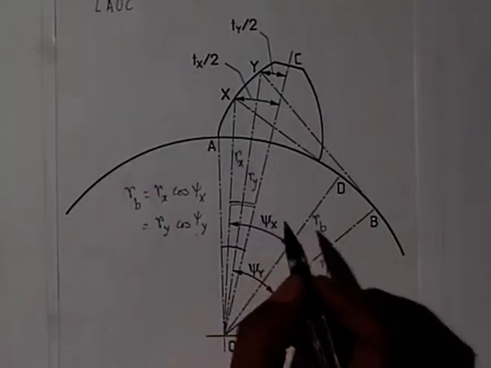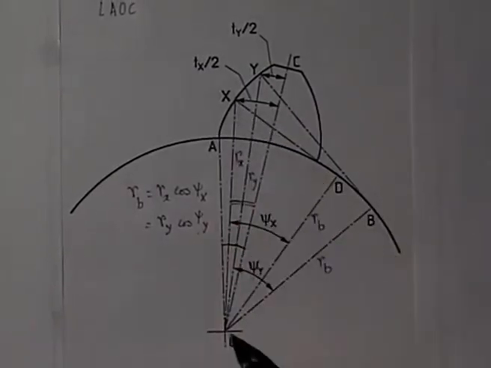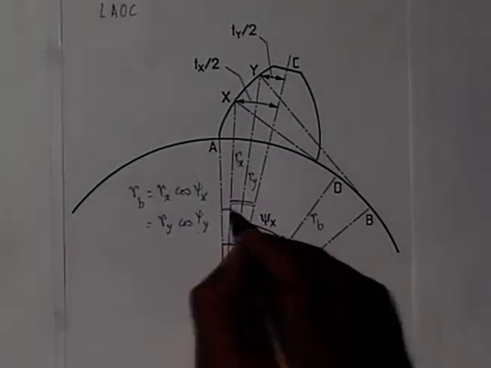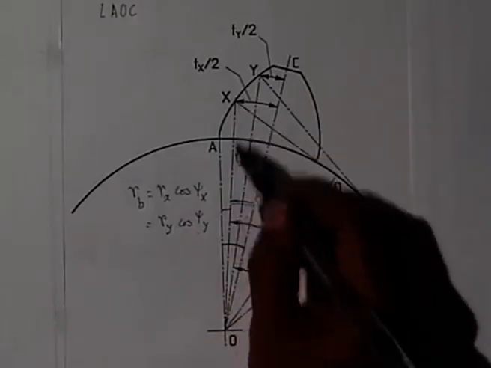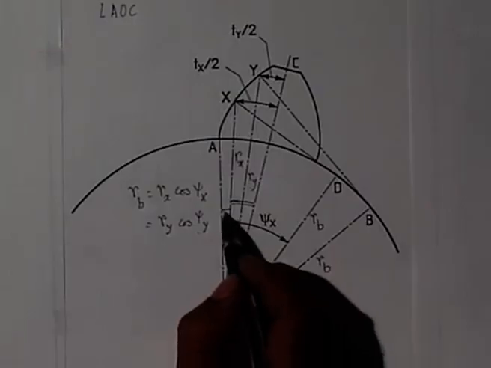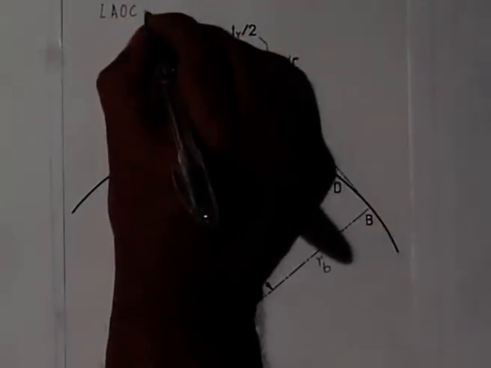This angle is Tx by 2 divided by Rx, and this angle is nothing but involute of psi x. At the point x, the angle that OX makes with this starting line OA I defined as involute function of psi x.